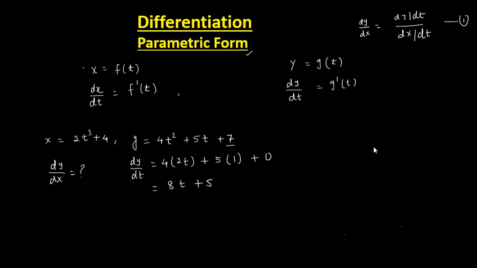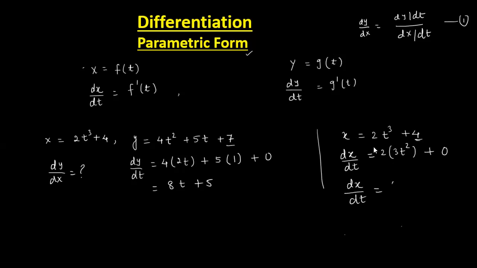Now let us differentiate x with respect to t. Here x is nothing but 2 times t cube plus 4. So let us find dx over dt. dx over dt gives us 2 times 3t square, and the derivative of 4 is simply 0. So dx over dt is simply 6t square.